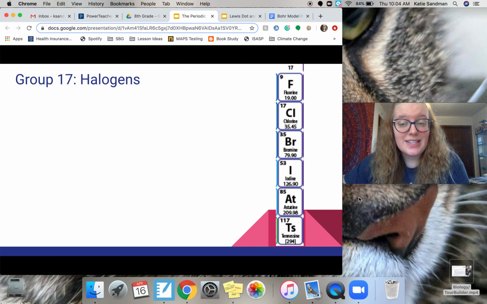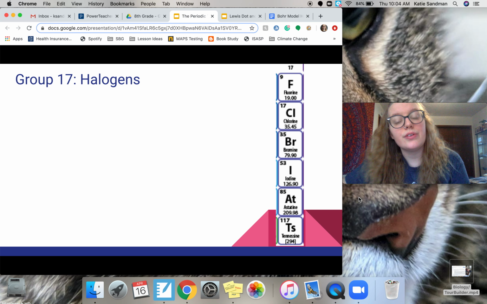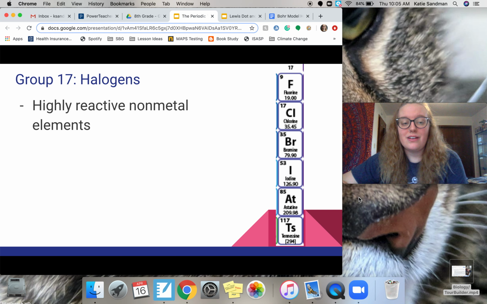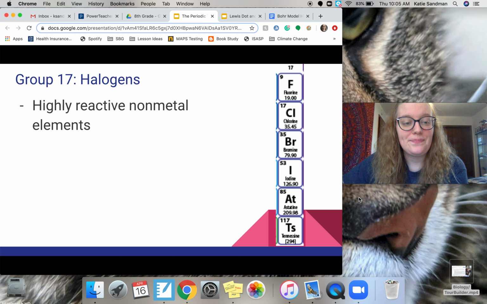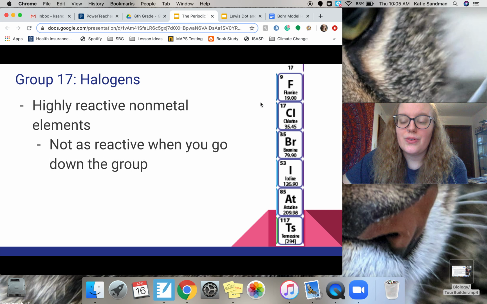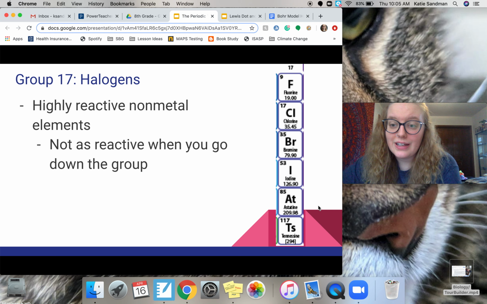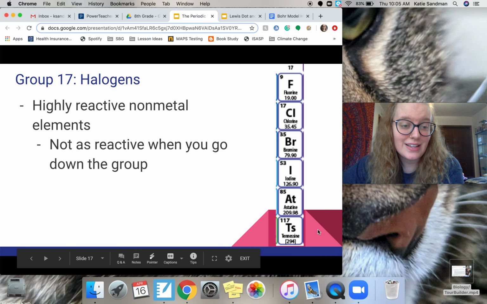With group 17, this is called the halogens, so going back to its own unique name. Our halogens are very reactive, and they are nonmetals, all of them. So this one is a bit different from our alkali and alkaline earth metals. Those were very reactive, not as reactive at the top and got very reactive as you went down.